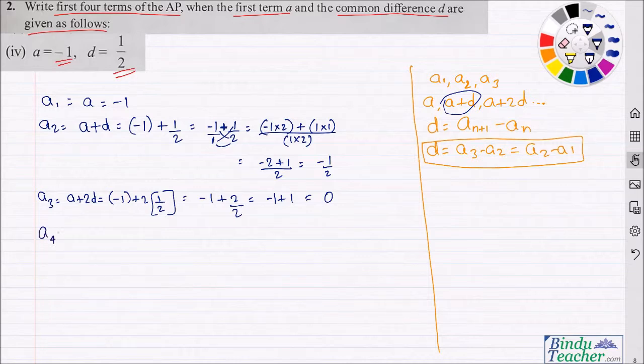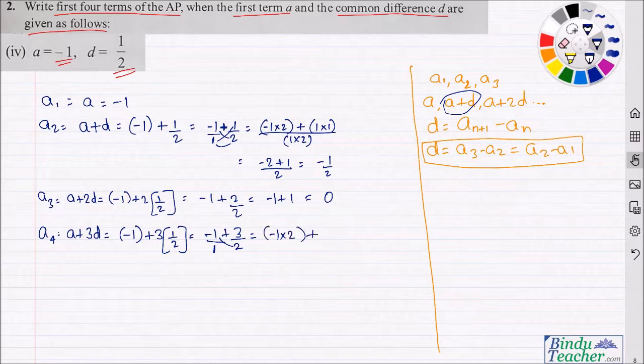So the fourth term a of 4 will be a plus 3d. a is -1 plus 3 into 1 by 2, which is -1 plus 3 by 2. Now using the same approach, first I'll write a denominator here. So first calculate the numerator into denominator, which is -1 into 2.